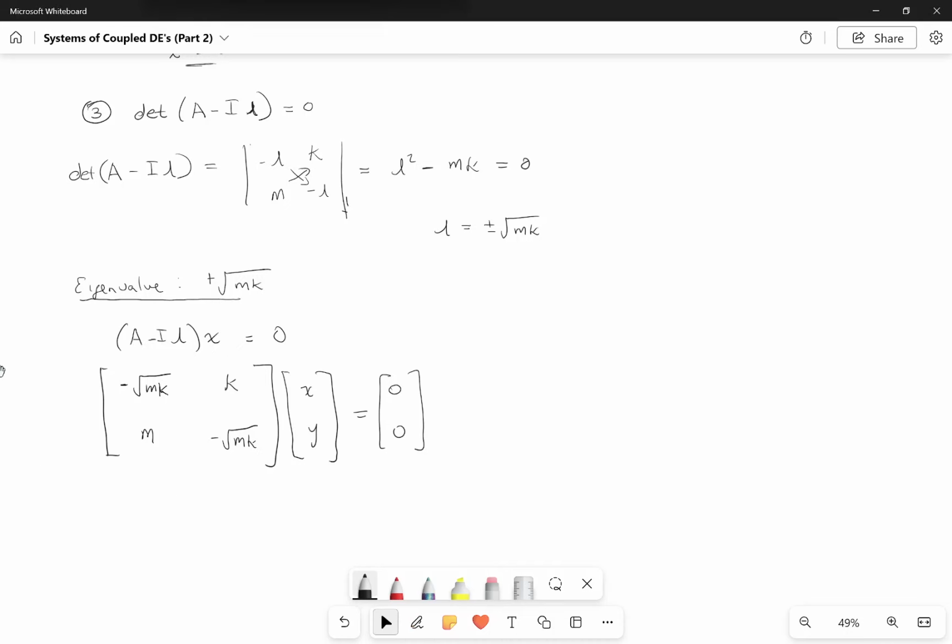Well, what I should have done, I have the lambdas there, so that's fine. What I need to do is basically solve for x in terms of y.